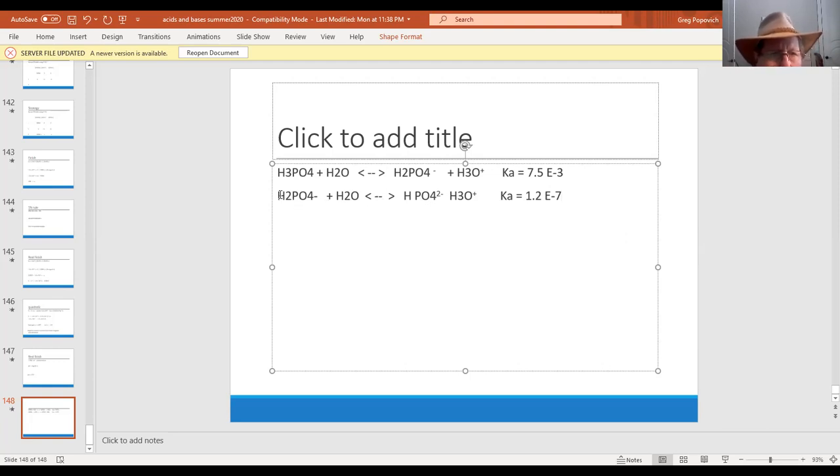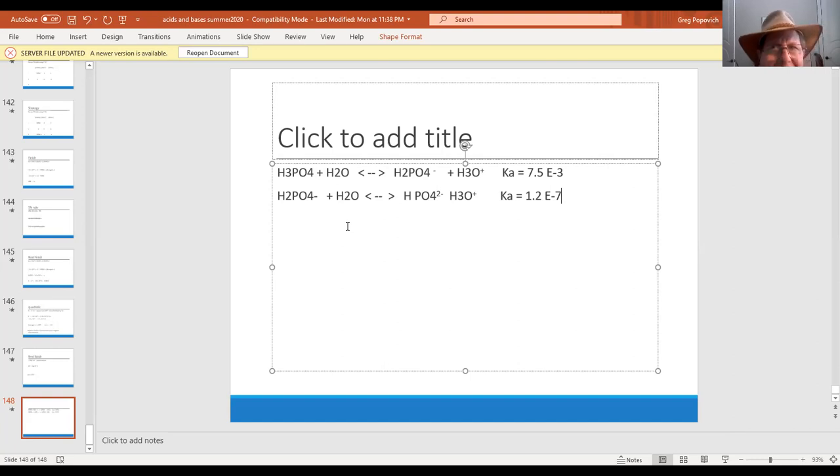First of all, it's harder to pull a proton off of a phosphate after it's a negative charge already. Does that make sense, Ethan? That does, yeah. So it's harder to do that to begin with. And the second factor working against you is Le Chatelier: the H3PO4 is putting H3O plus into the solution, which for the second reaction is pushing it further back to the left.